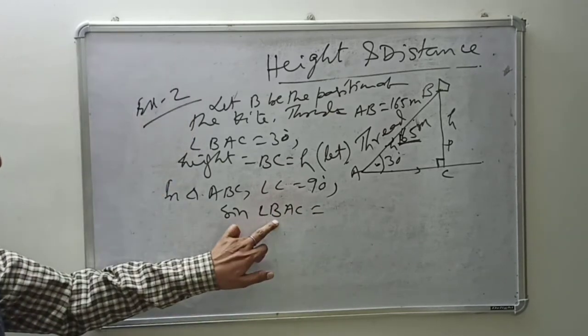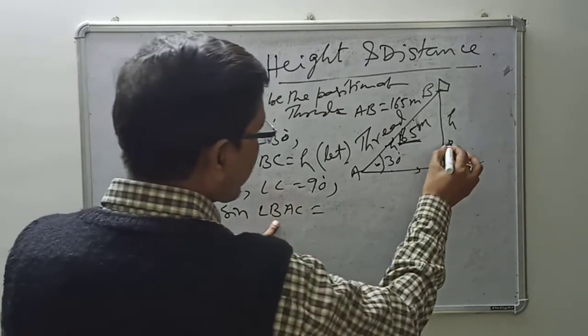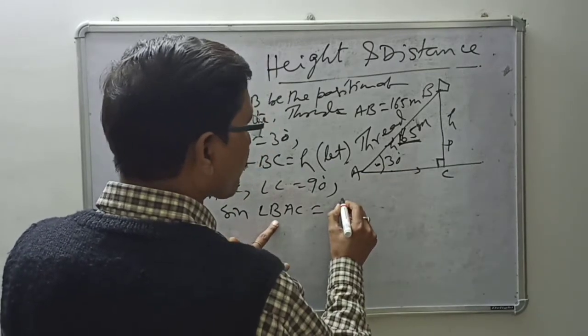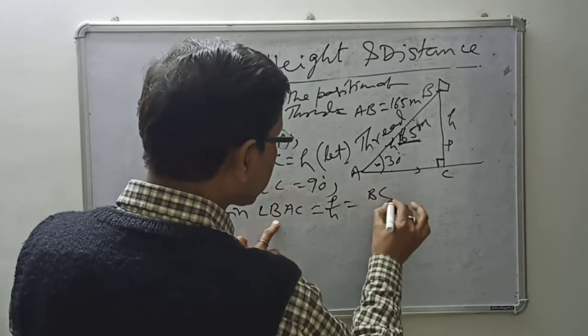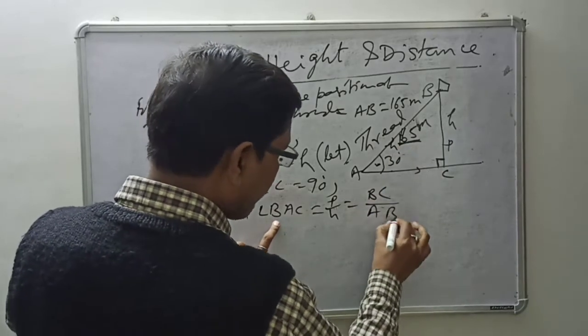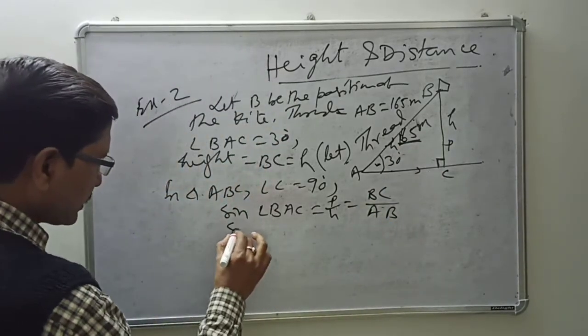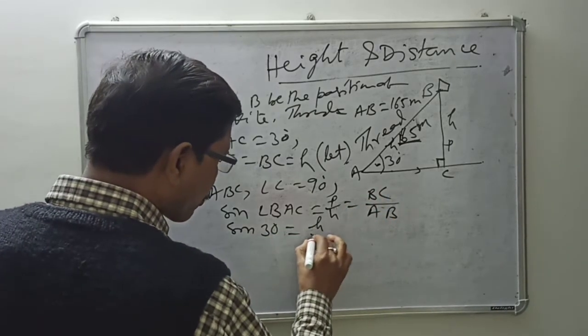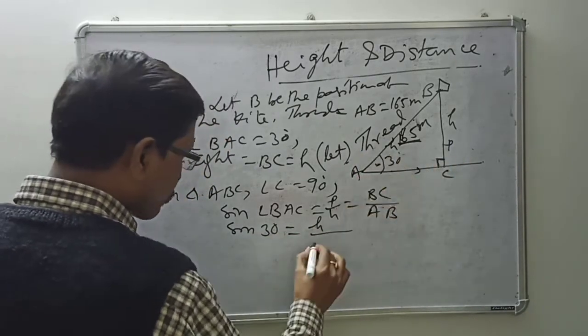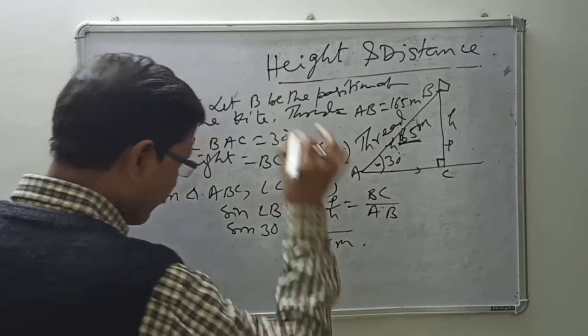So sine theta is equal to perpendicular by hypotenuse with respect to this angle. Here perpendicular means BC and hypotenuse means AB. So sine 30 degree is equal to BC, which I have taken as H, upon 165 meter, which is given.